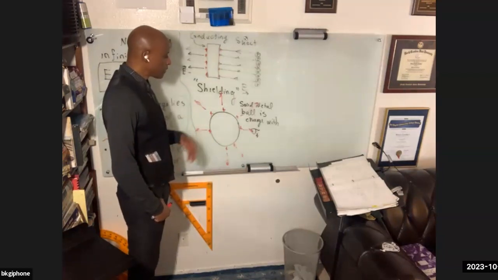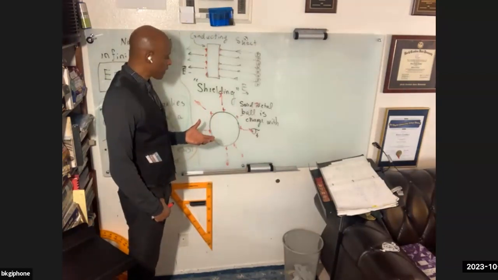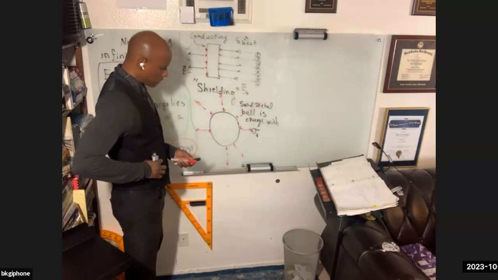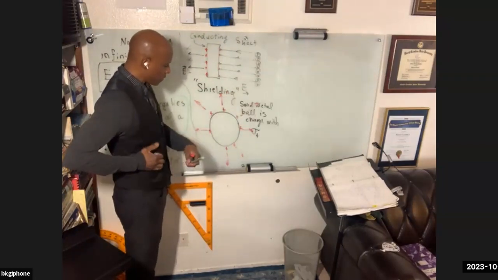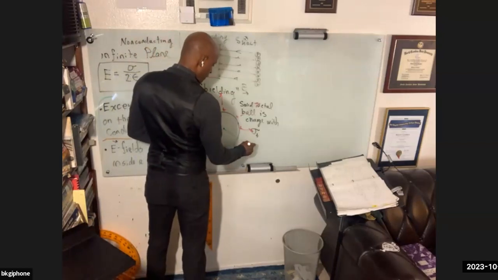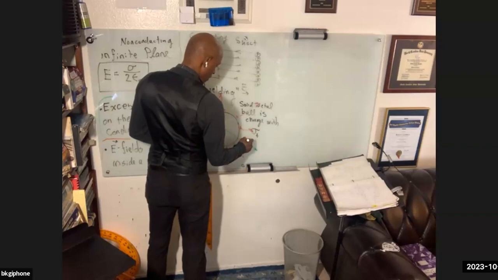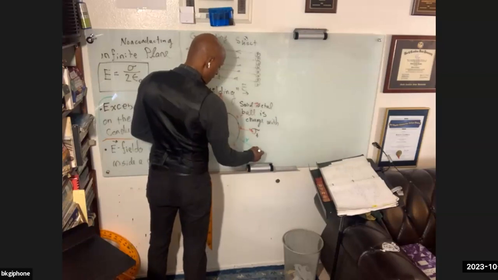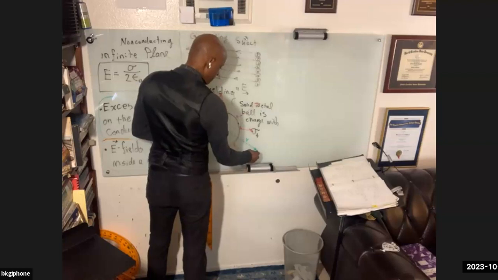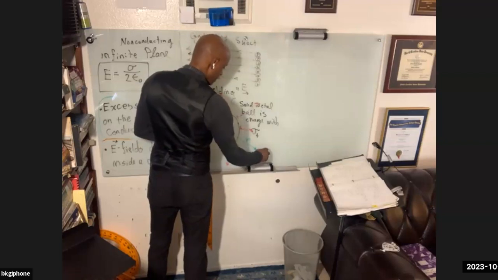So again, use Gauss's law to find the electric field at a point P, a distance r away from the center of that ball. Well, if this is the center, we can have this be a radial vector r, small r, and this is our point P. We'll just go through and apply Gauss's law really quickly again.